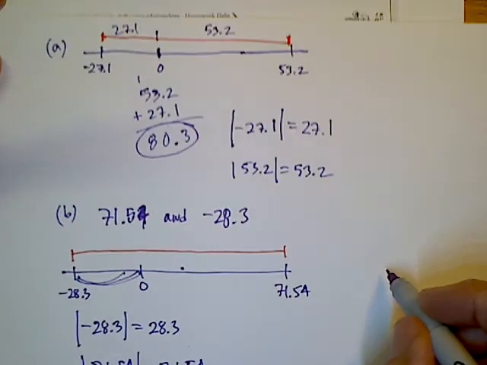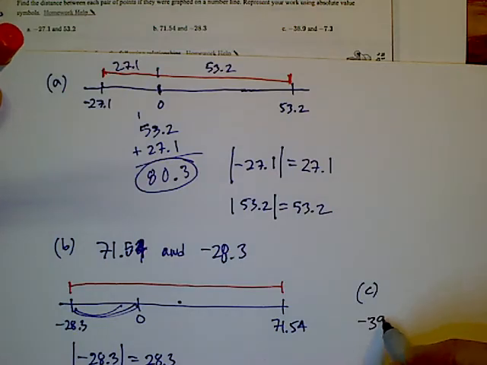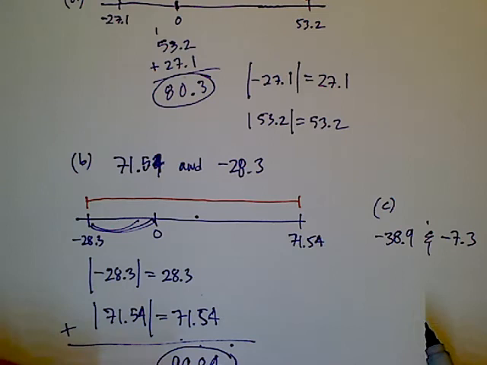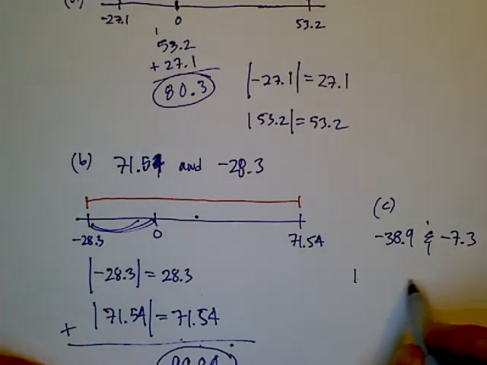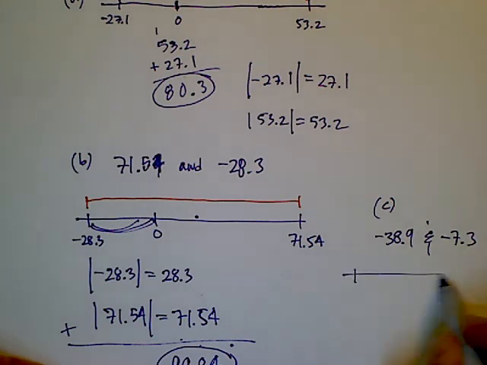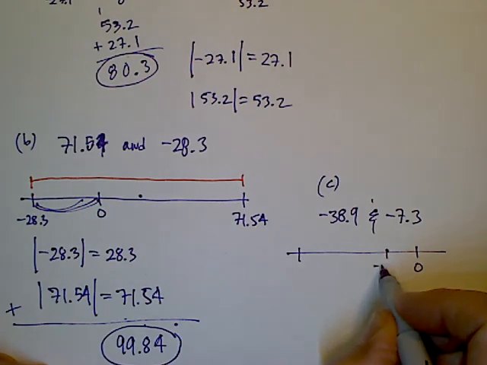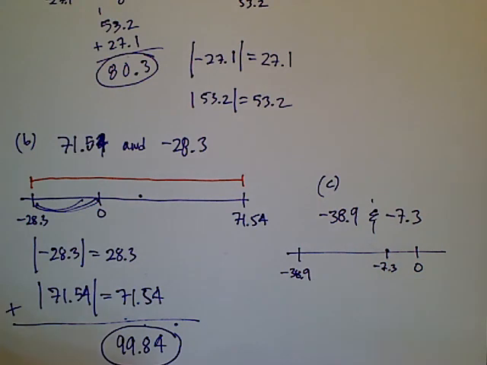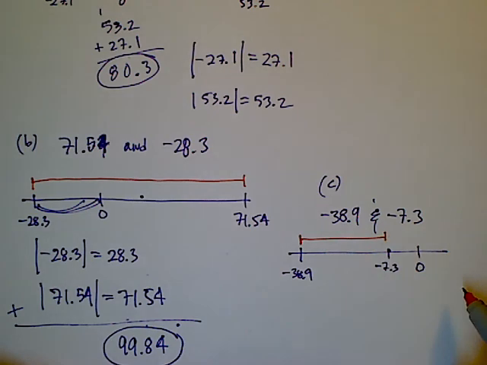So last one, C. C is negative 38 and 9/10, and the other number is negative 7 and 3/10. So here's where this one's interesting, because of how it looks on a number line. So here's my 0, right? Right here would be negative 7.3, and right here would be negative 38.9. So I need to find the distance between those 2 points.